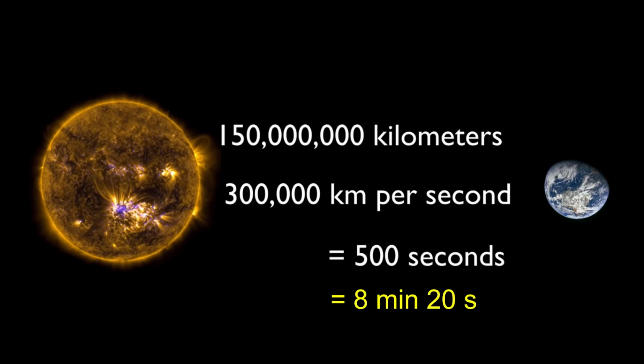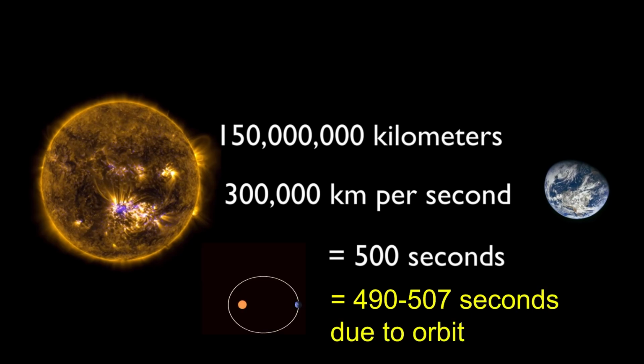And so it only takes about 500 seconds for the light to reach the earth from the sun, or about 8 minutes and 20 seconds. So 8 minutes and 20 seconds, that's an average. Actually, it can vary from 490 seconds to 507 seconds due to changes in the orbit of the earth around the sun.